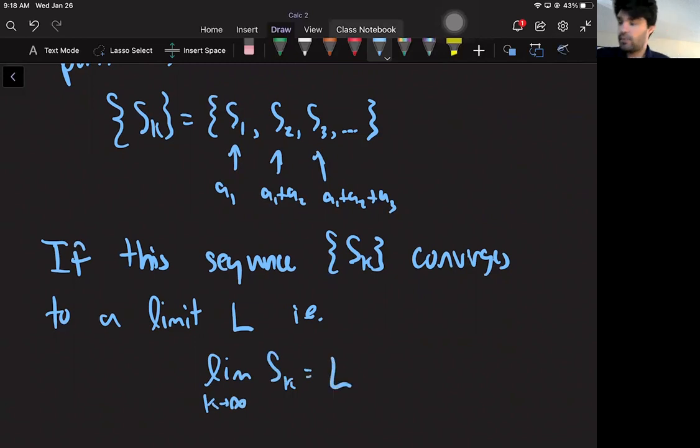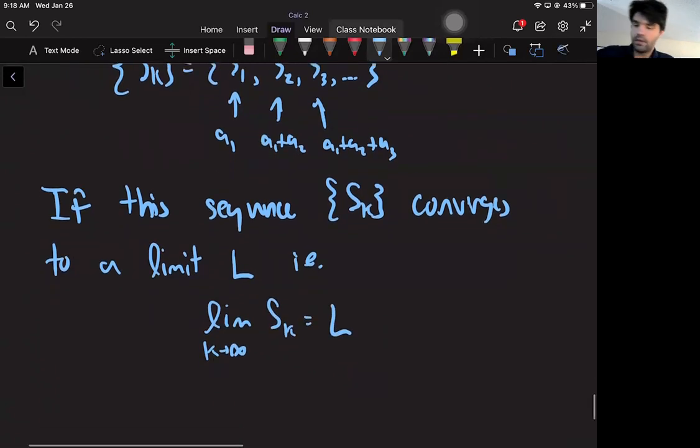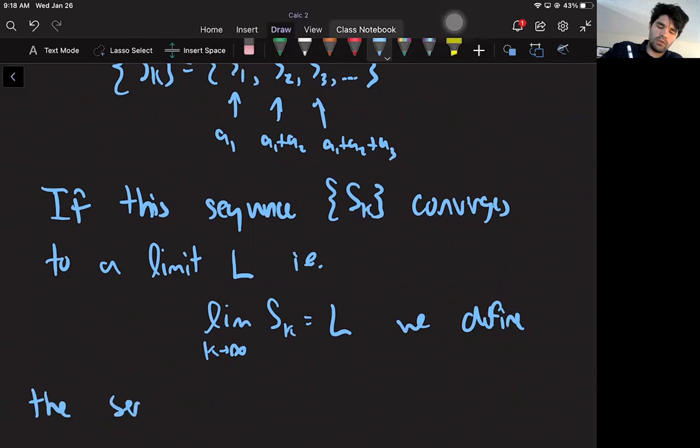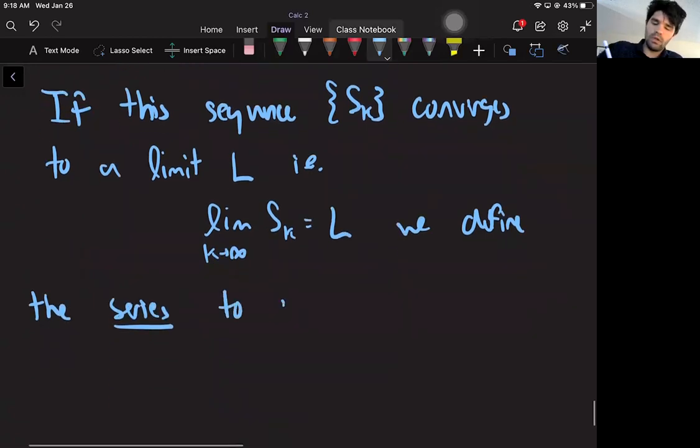If that happens to be a number like it was 2 in the previous problem, then we define the series or infinite series to equal this limit.